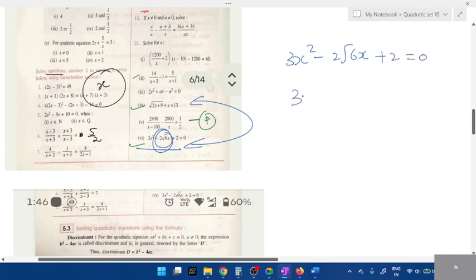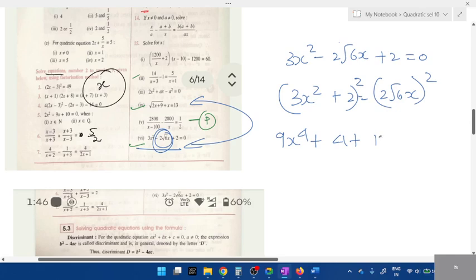Or we'll try to do it like this: 3x square plus 2 as it is. Whichever has root, if you shift there, you get 2 root 6x. Okay. If you square on both sides to remove the root, you get 9x to the 4 plus 4 plus 4x.